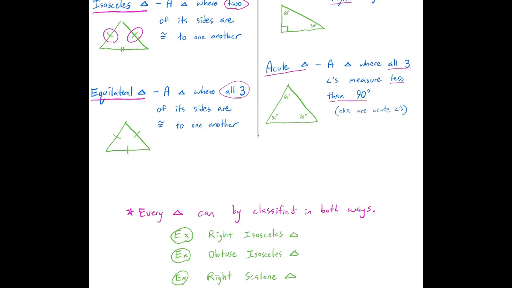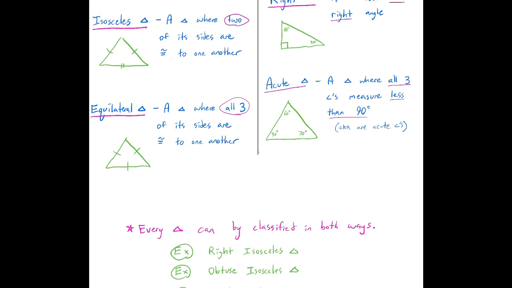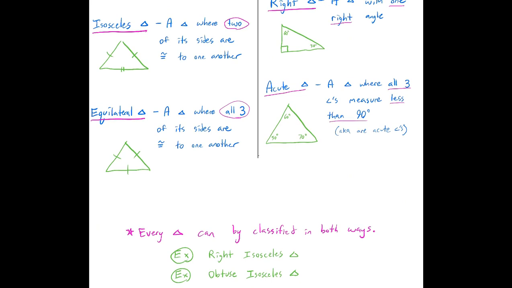So what that means is out of all the isosceles triangles where two sides match, some of them have three sides matching. So every equilateral triangle is just a special case of isosceles, okay? All right, and then we go to equilateral. An equilateral triangle is when all three sides of a triangle match.